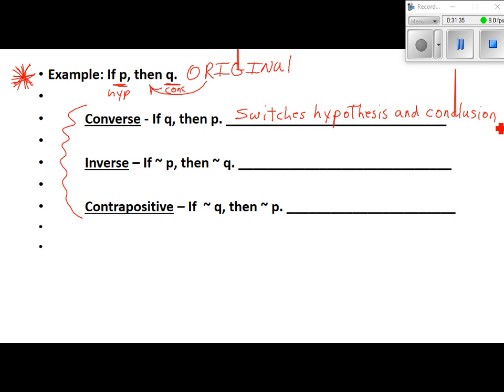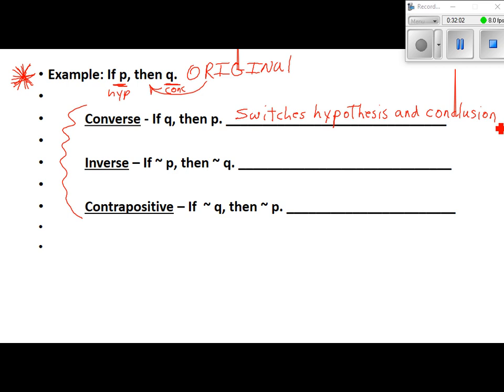Going back to the original statement again, the inverse of a statement. The inverse makes it look like this. What did that do to the original statement? What did it put in? What do those little tildes mean again? It put "not" in both parts, right? It didn't switch the order.